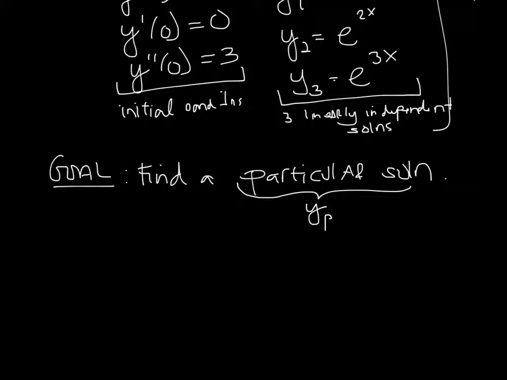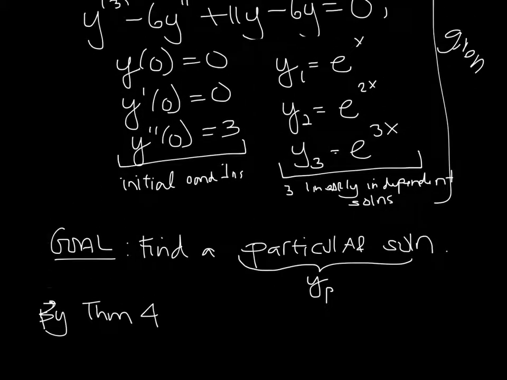I'm looking at theorem 4 in your book. By theorem 4, which is the general solutions of homogeneous equations, and we are given a homogeneous equation in this case, it says let y1, y2, all the way to yn.